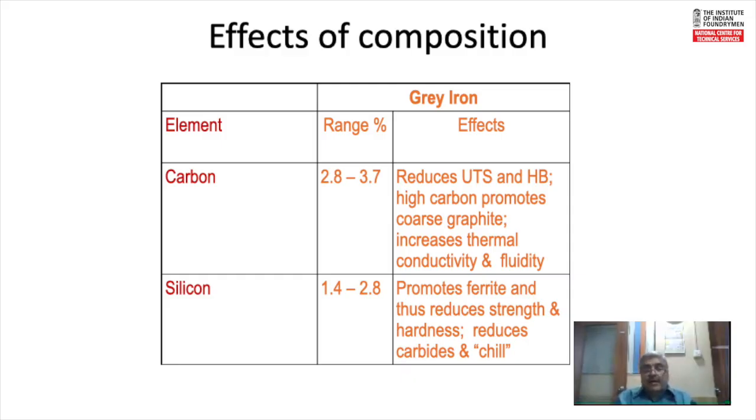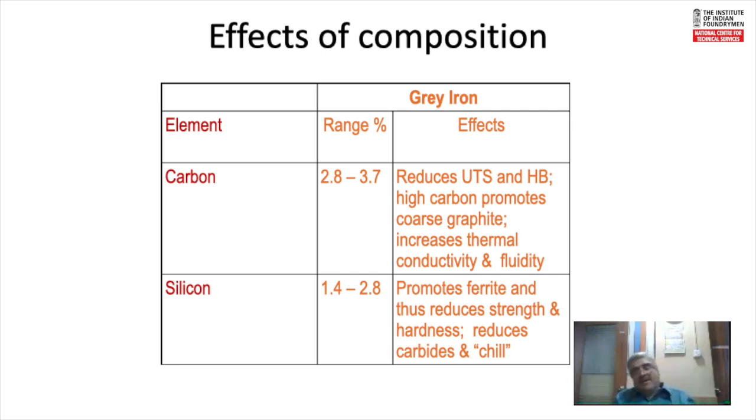Silicon, as its proportion increases, it promotes graphite because, as we saw, it encourages carbon to come out from solution in liquid state and solution in solid state. That means from austenite also carbon will come out more readily.